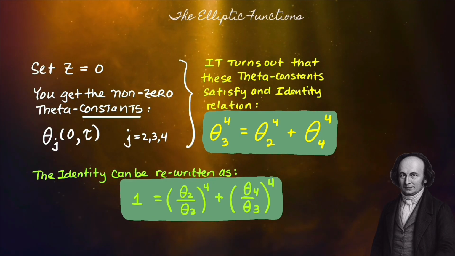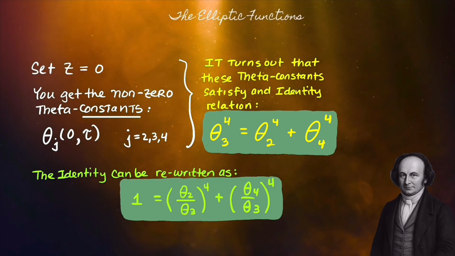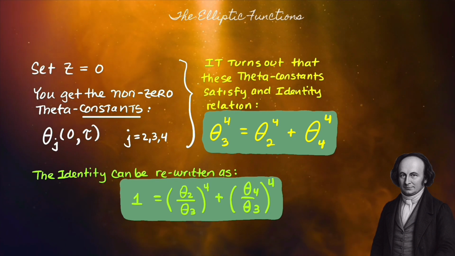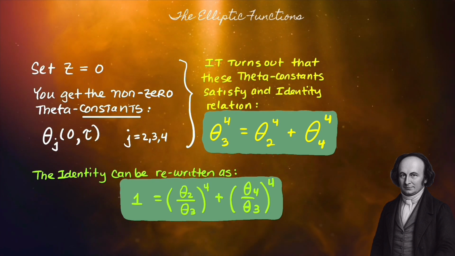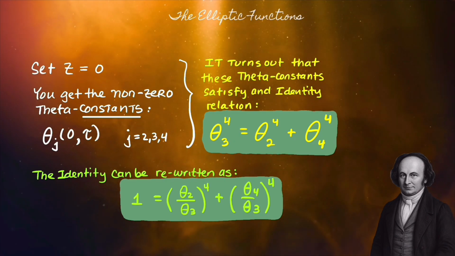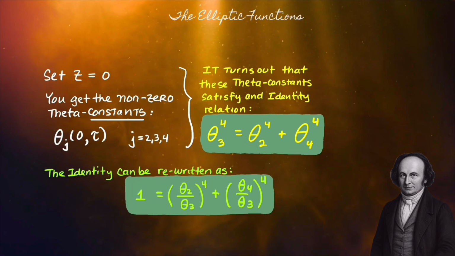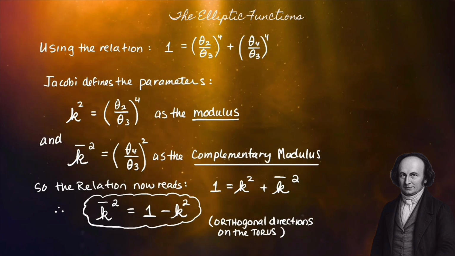Now, to consider the non-zero theta constants, where we have theta 2, 3, and 4, it turns out that they follow an identity relation themselves, given here, which can be written as 1 equals theta 2 over theta 3 to the 4th plus theta 4 over theta 3 to the 4th.